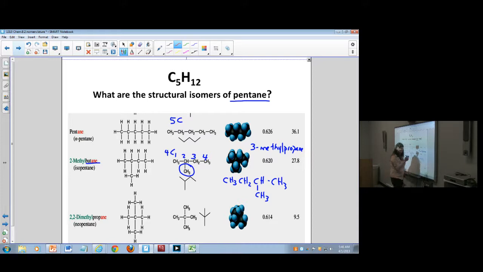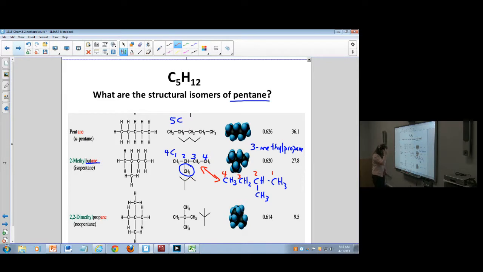And so even though it's not normal for we Americans, we would go backwards here: 1, 2, 3, 4, because I want to number it in such a way that the methyl group is on the lowest possible numbering. And so you'll see that these two are actually the same. They're not different. It's just that the molecule, which it can easily do, is flipped in space the other direction.